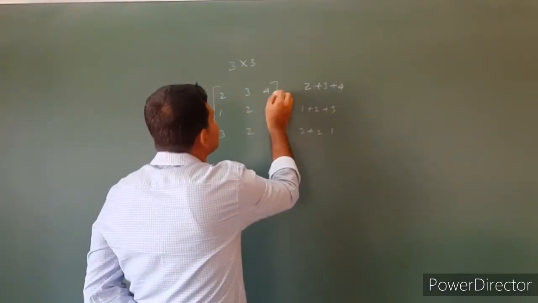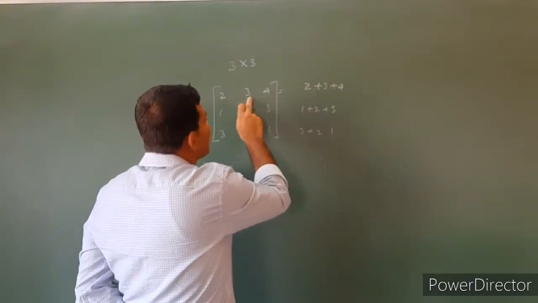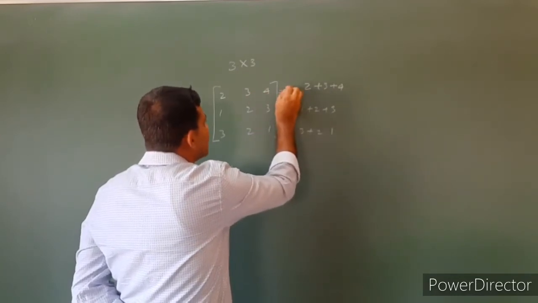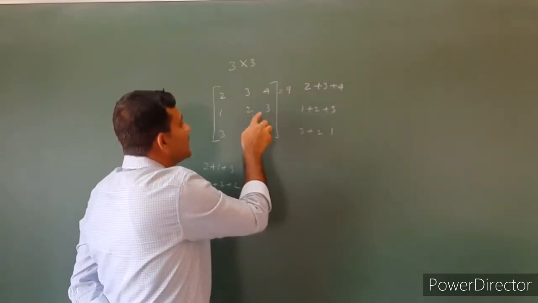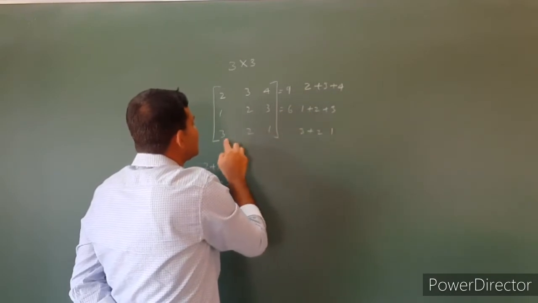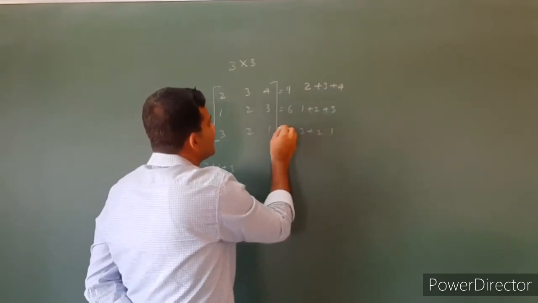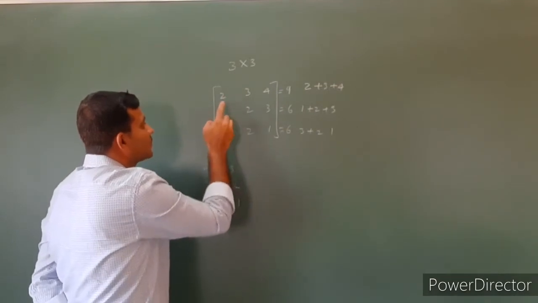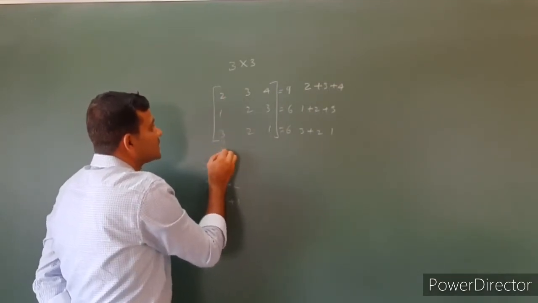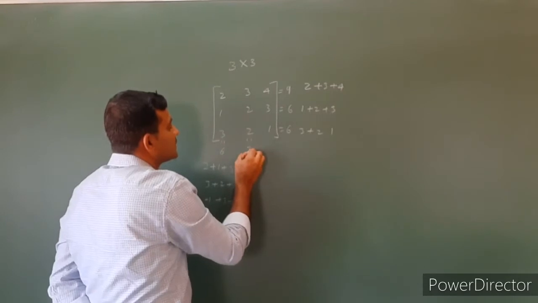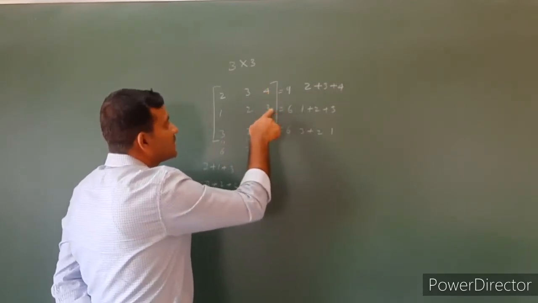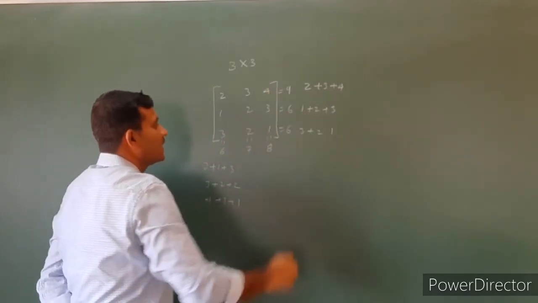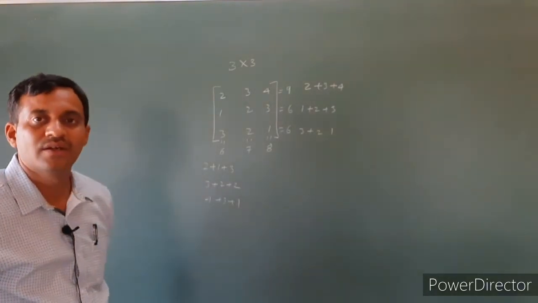That is, 2 plus 3, 5, 5 plus 4, 9; 1 plus 2, 3, 3 plus 3, 6; 3 plus 2, 5, 5 plus 1, 6. Then 3 plus 1, 4, 4 plus 3, 7, 7 plus 1, that is 8.